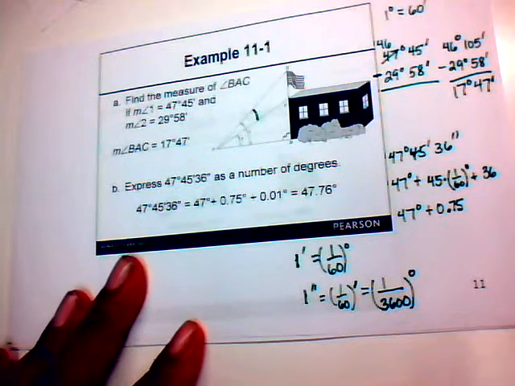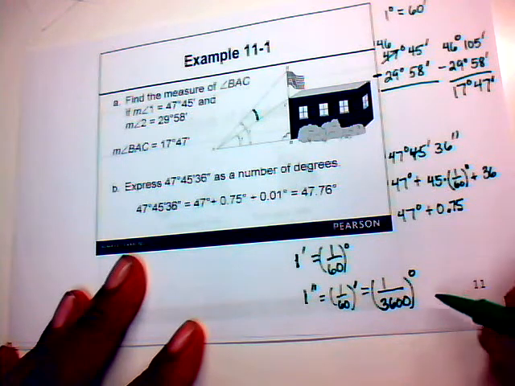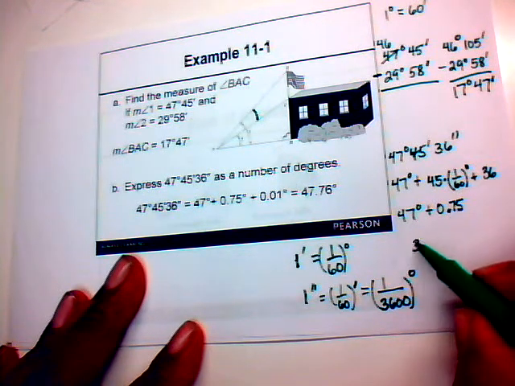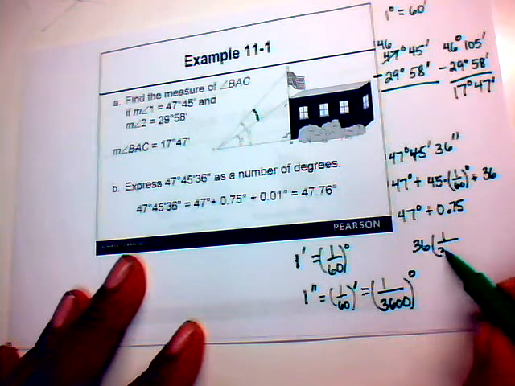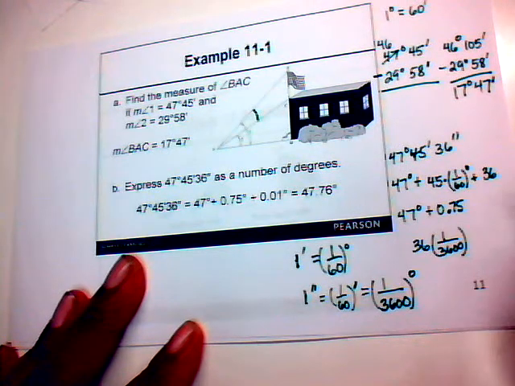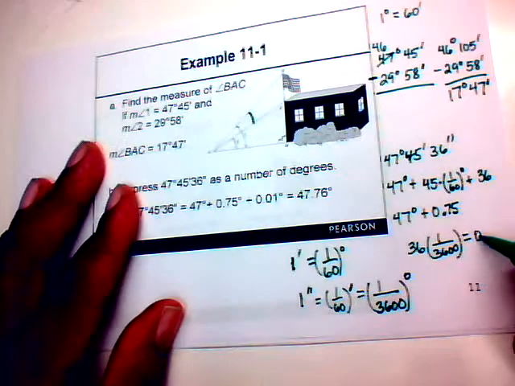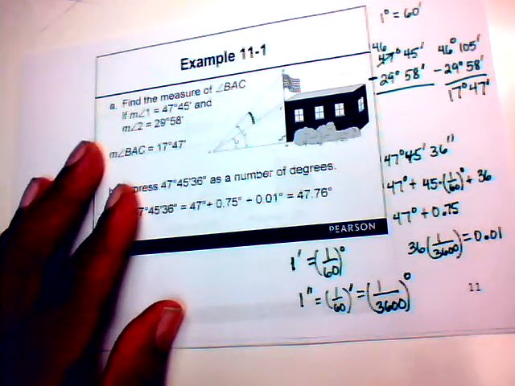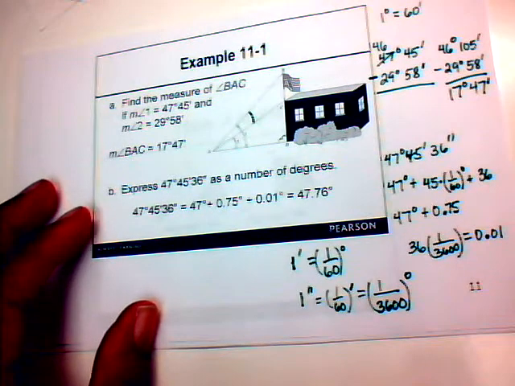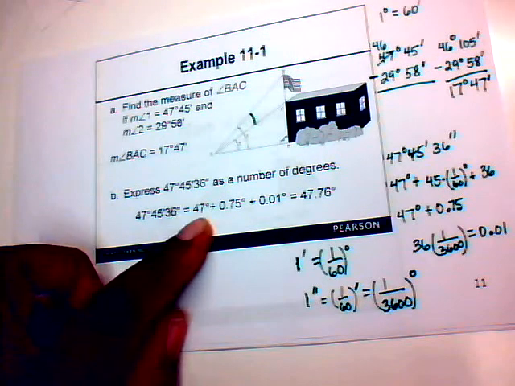So in this case here, if I do 36 times 1 over 3600, I'm going to get 0.01. Okay, so that's where they got the 47 degrees.